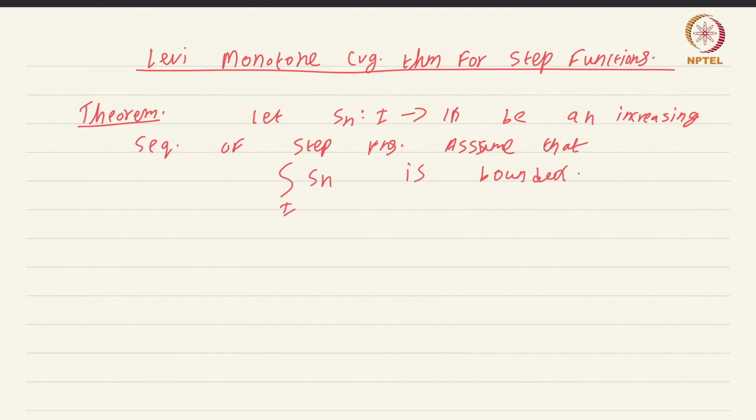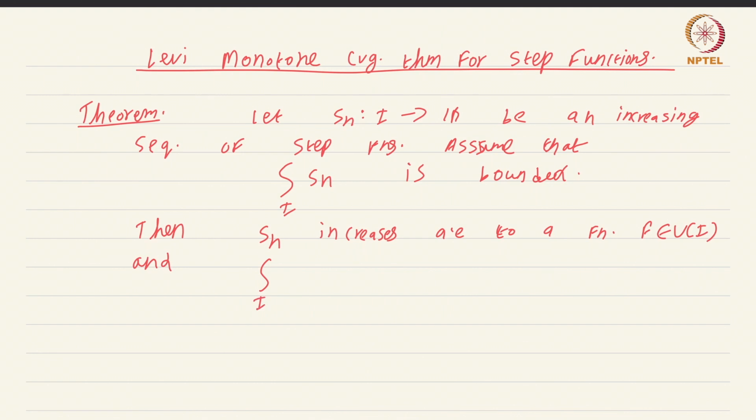Then the conclusion is that S_n increases almost everywhere to a function f, which is in the class of upper functions. It's an upper integrable function, and the integral of this function f is nothing but the limit as n goes to infinity of the integral over I of S_n.